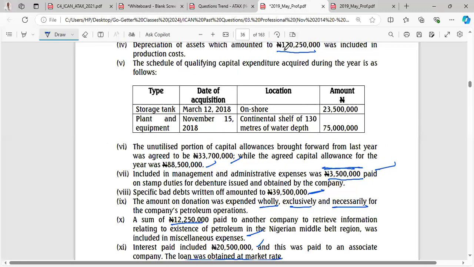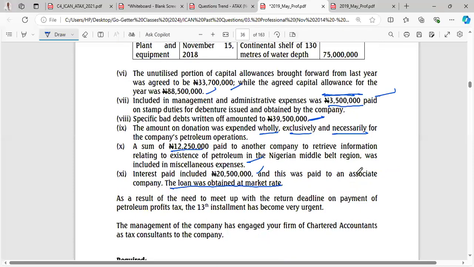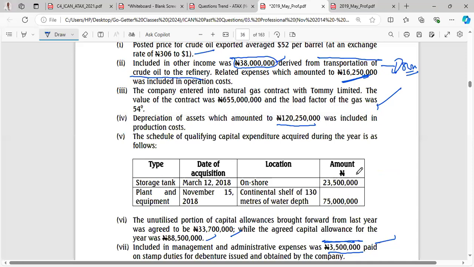They spared you certain things. They didn't give you assets, the date the asset was acquired, so that you now start checking if you need to calculate 20% or 19%.